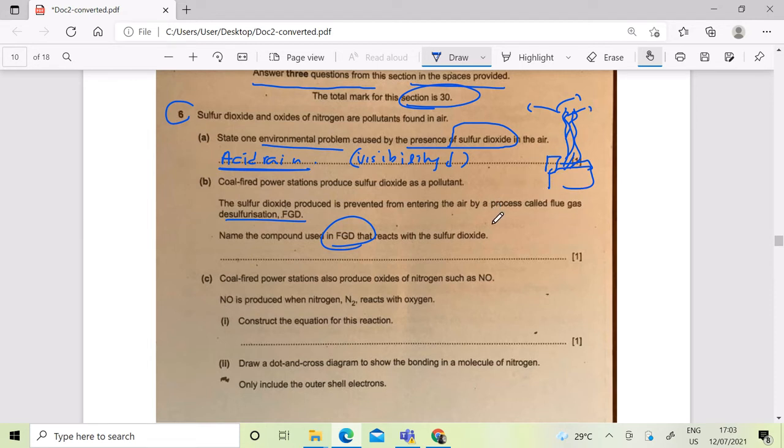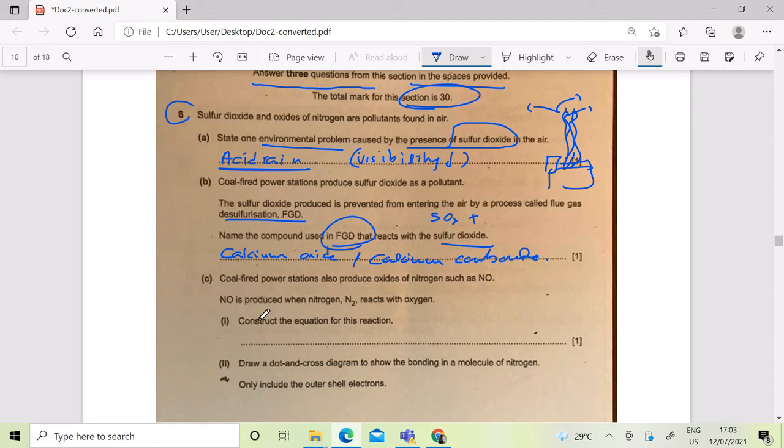Sulfur dioxide is basically acidic, so combining it with basic compounds will limit it entering the air. Name the compound used in FGD that reacts with sulfur dioxide. Basically that is calcium oxide, even calcium carbonate is okay. Both react with sulfur dioxide.